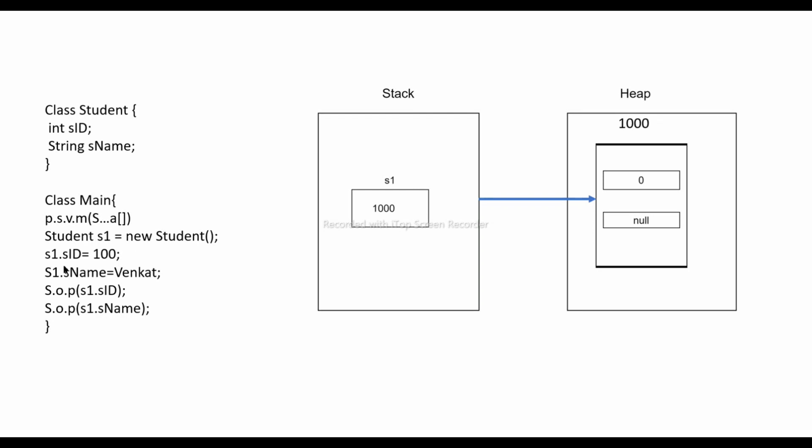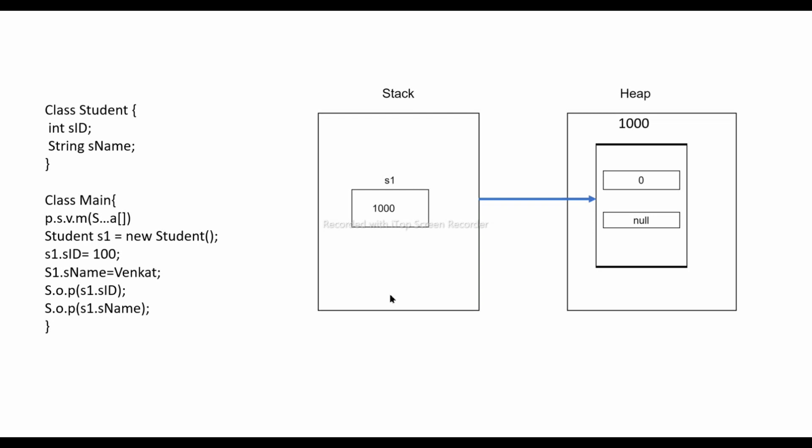So s1 dot student id means, in the student object, go for the student id variable and assign it 100. That is what I'm saying with this line. And we go to the s1 object and assign the s name of that object to Venkat. Then I'm simply printing its value, and the output would be 100 and Venkat.